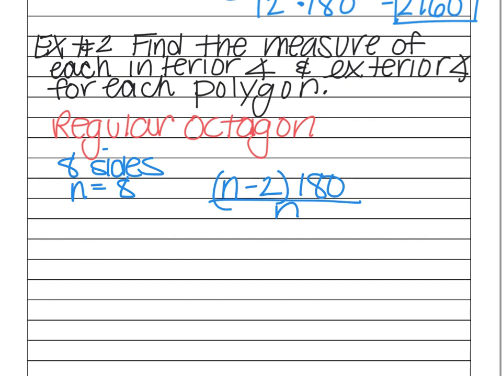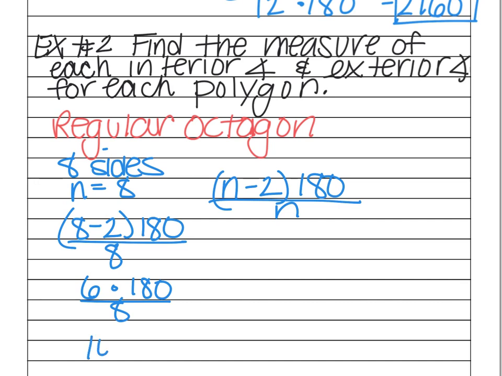So I'm going to have 8 minus 2 times 180 divided by 8. 8 minus 2 is 6, times 180 is 1,080. I divide that by 8, and I end up getting 135 degrees for my interior angle measurement.